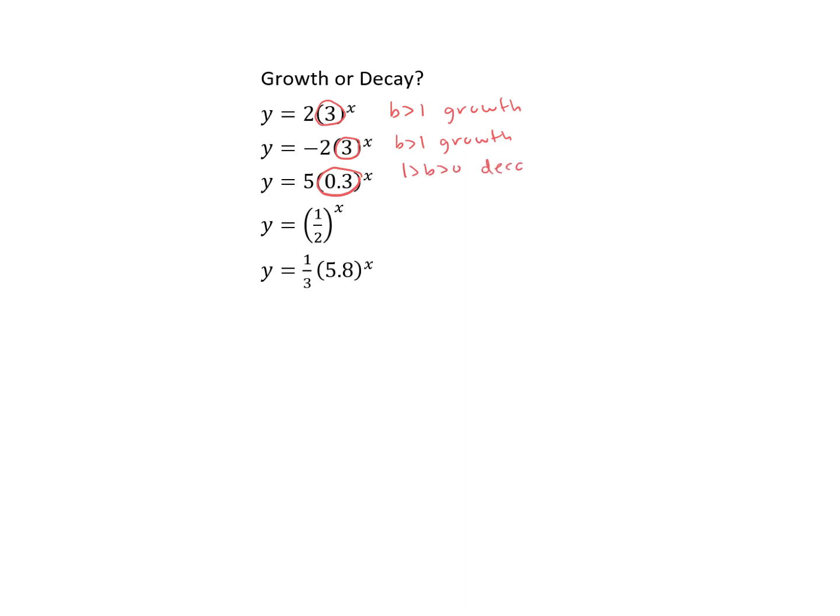So it's a fraction or a decimal, so we know that's going to be decay. The same with this one, we have a fraction. A fraction is less than 1 but greater than 0, so that's decay. And this one is a decimal, but it's a decimal that's bigger than 1. So although it is a decimal, it is still growth because it is a positive number greater than 1.